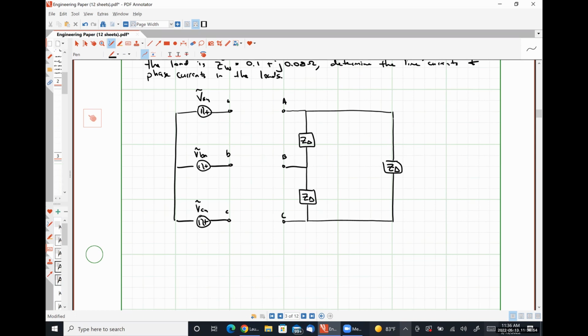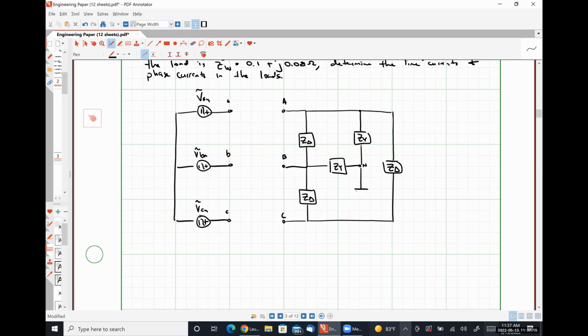And what I'm going to do is put a point out here in the middle, and that's going to be my neutral connection. So that between B and neutral, I see ZY. Between A and neutral, I see ZY.